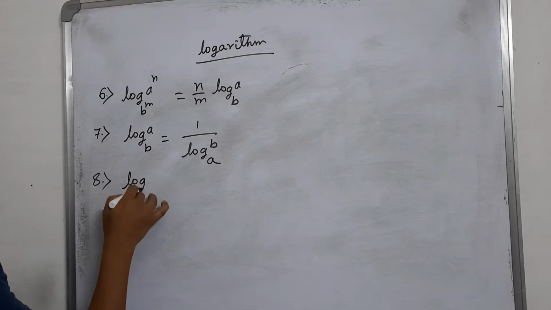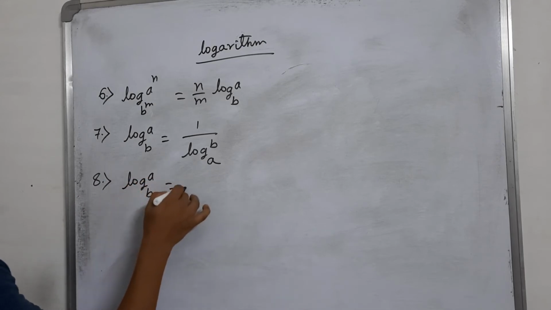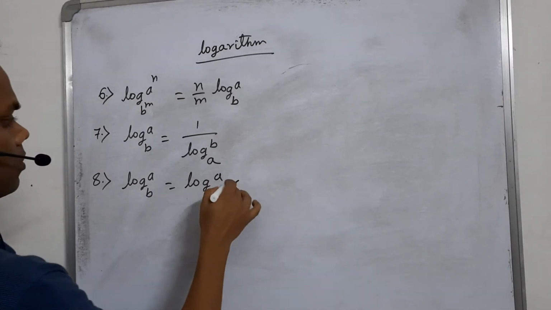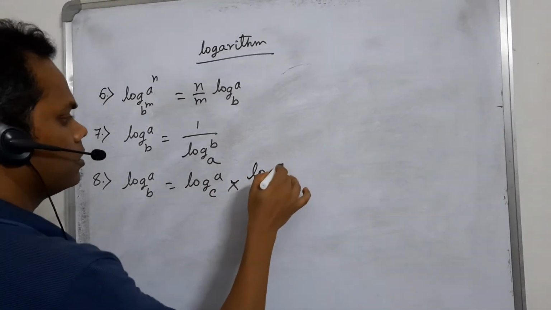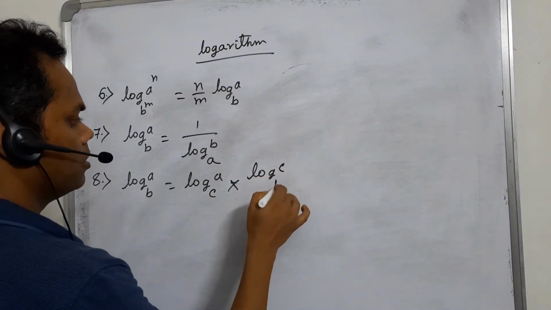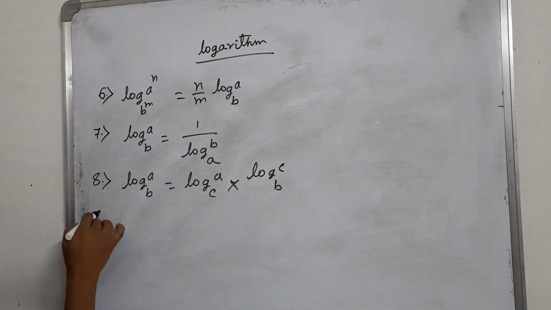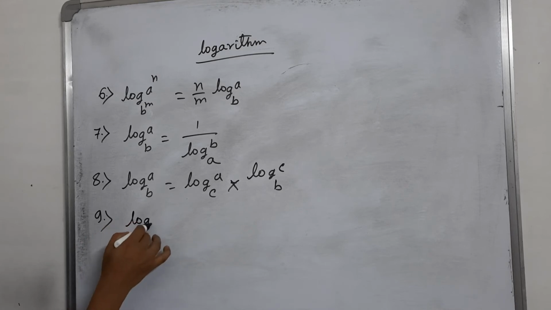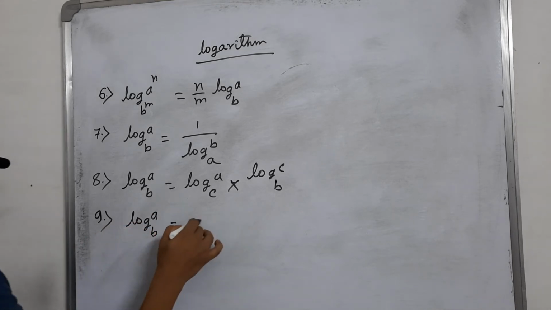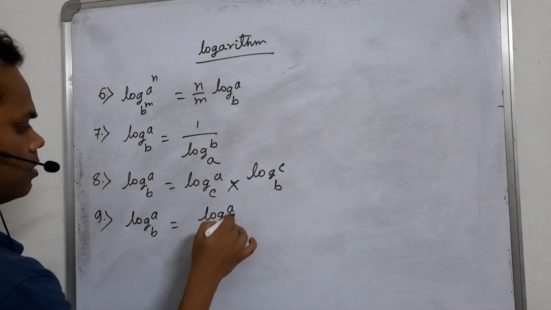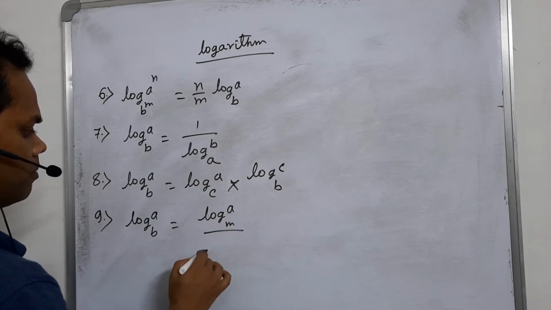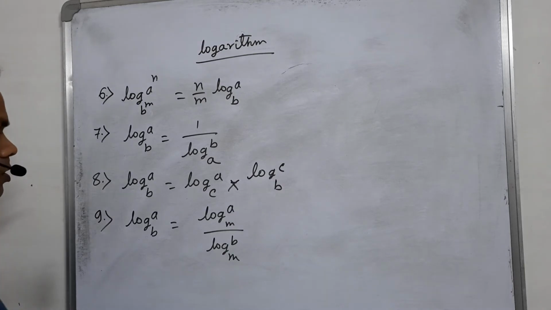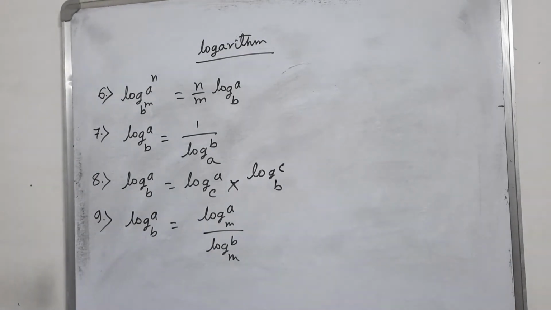Now log a to base b can be written as log a to base c into log c to base b, and log a to base b can be written as log a to base m by log b to base m, with respect to the same base.